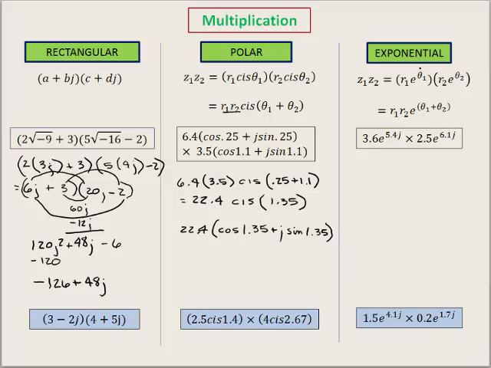Let's finish up with one more example of multiplying exponential. So 3.6, we take the r values, 3.6 times 2.5, and that's e. And now we're going to add the radians.